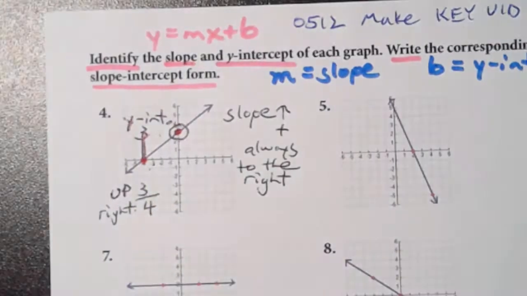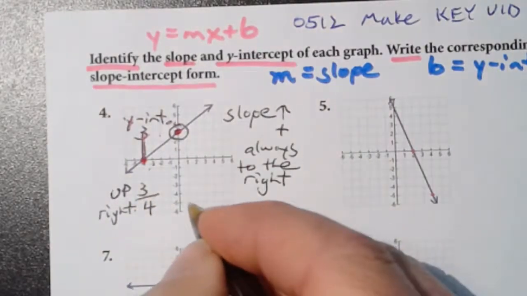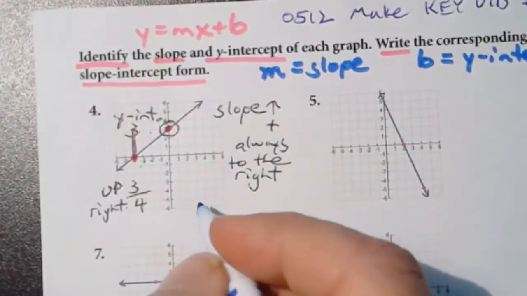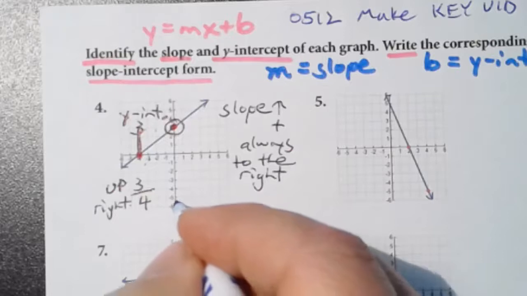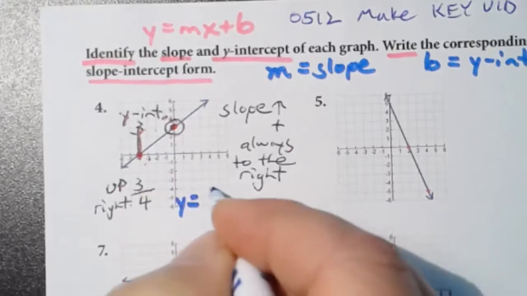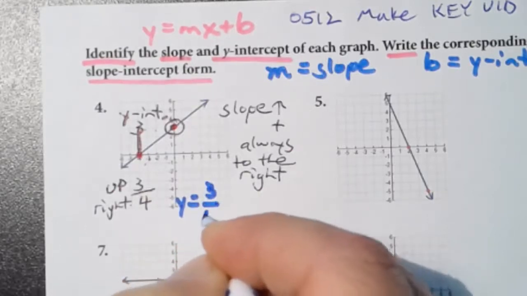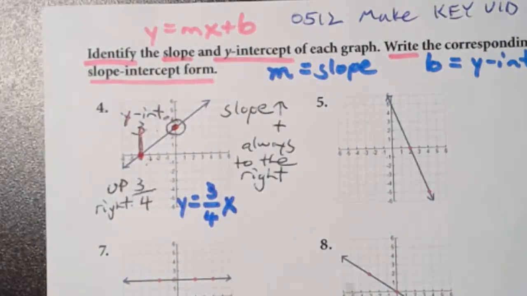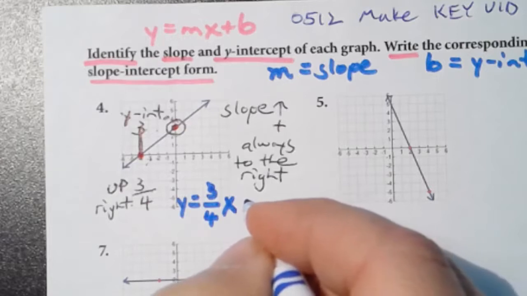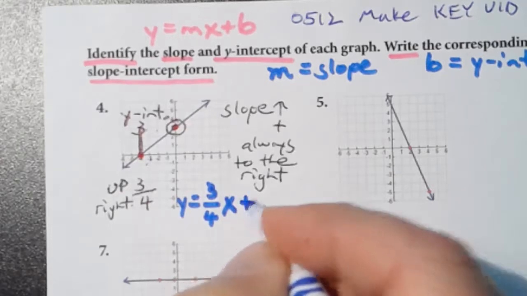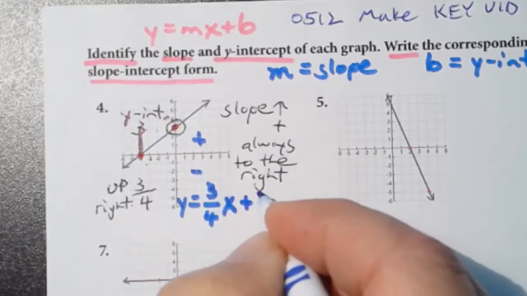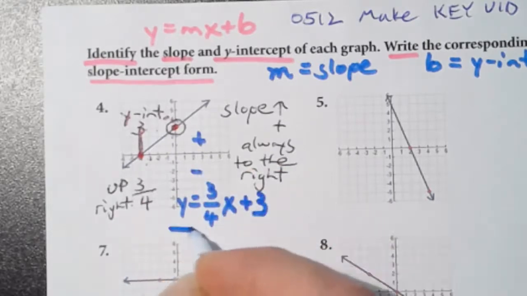So there's our slope. So let me go to my favorite color, blue. Y equals 3/4 x. Chandler, what's the y-intercept? It's positive because it's up here. Right, 3. Sometimes you need a little think time.